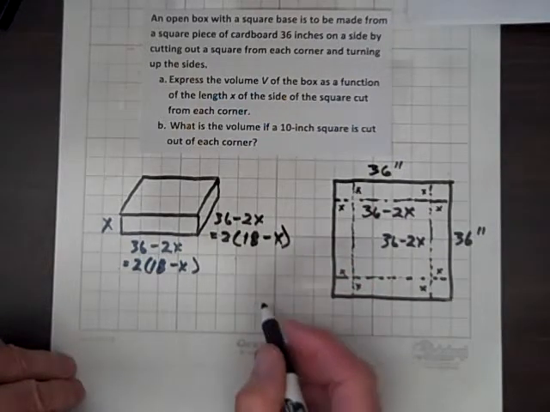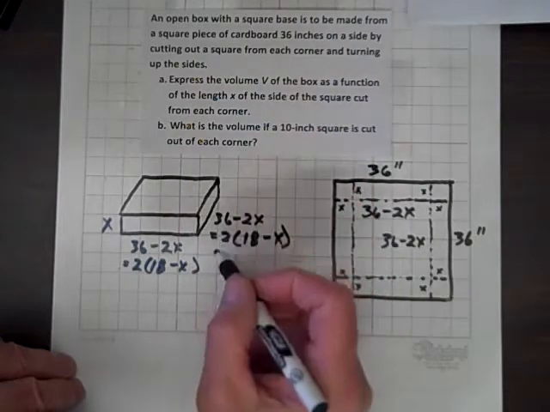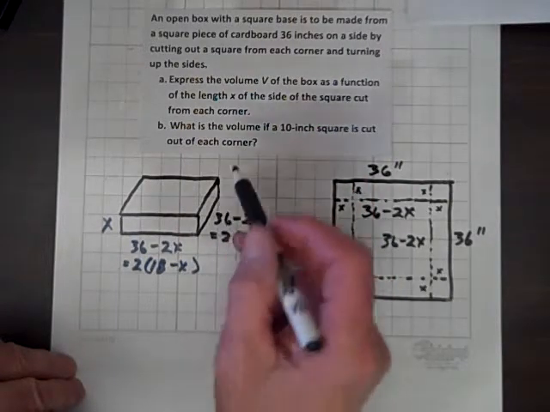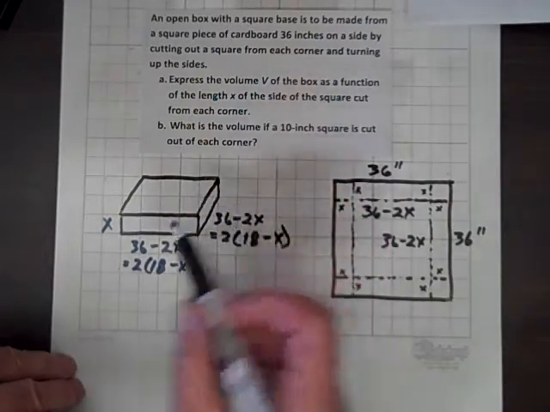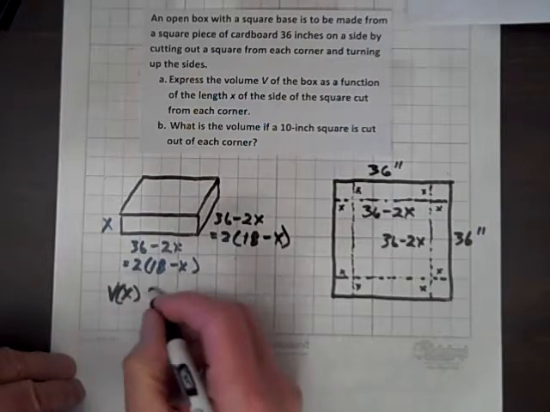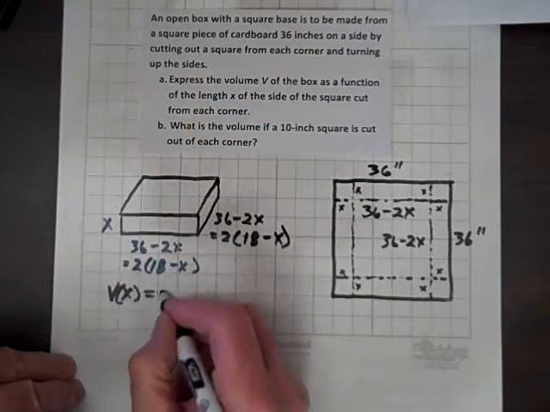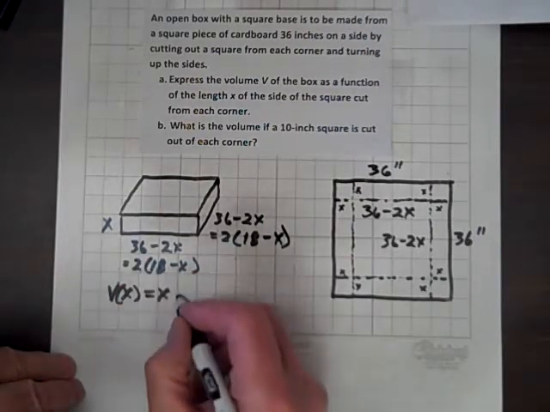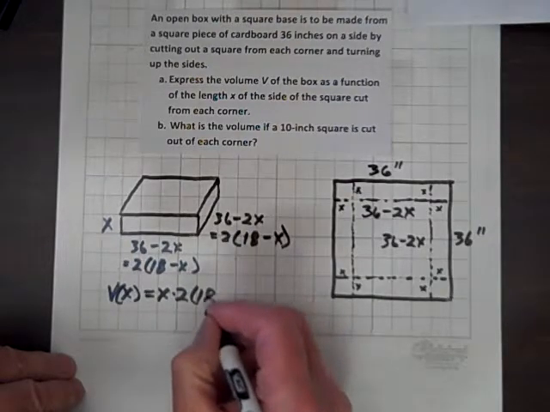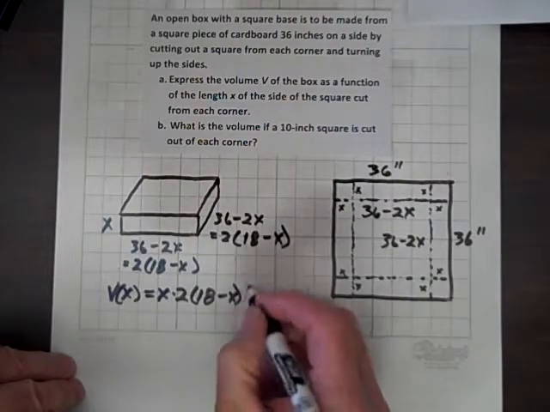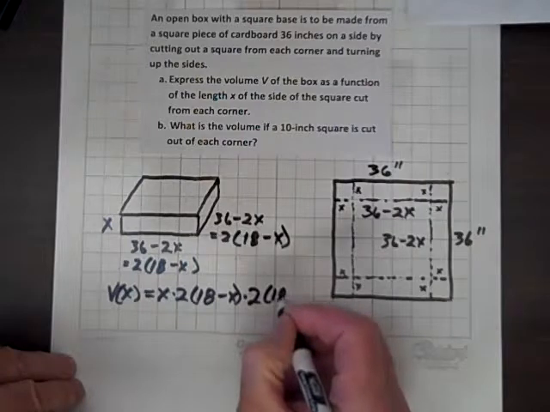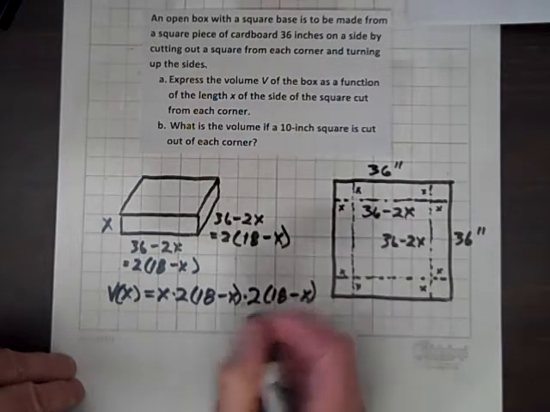So now we're ready to state the function that describes the volume of this box as a function of x. So V of x equals x times 2 times (18 minus x) times 2 times (18 minus x).